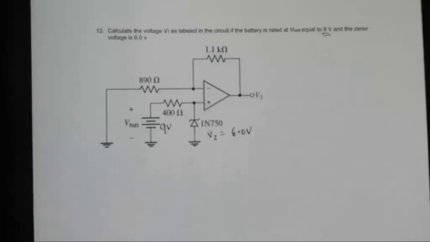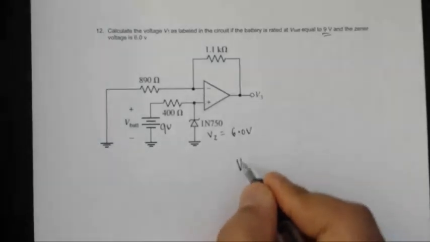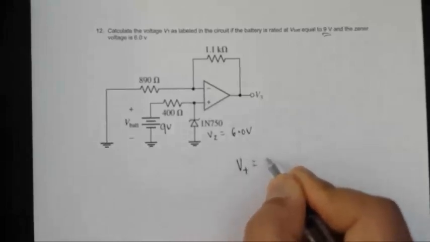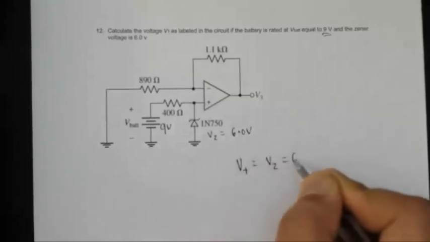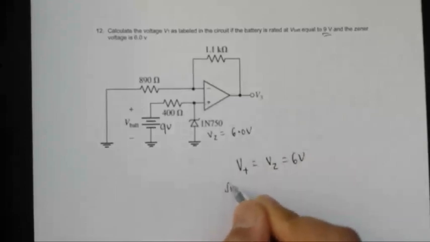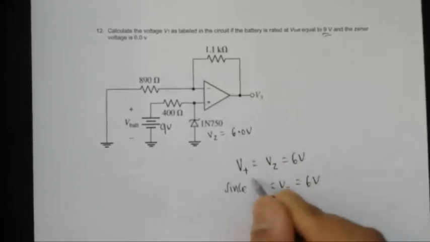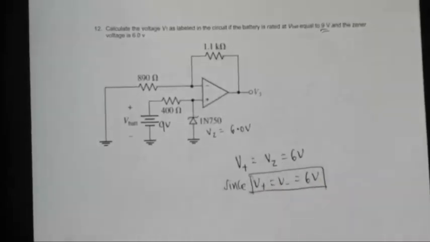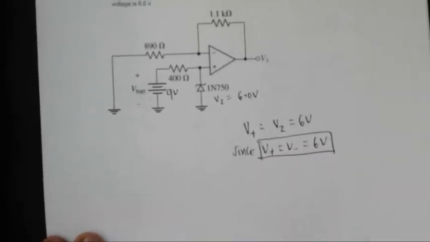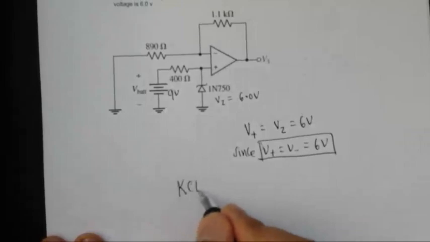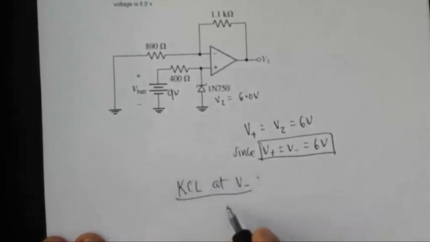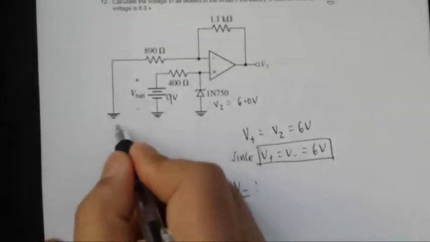So that's the thing we have to get. So V plus, because of the Zener diode, is VZ, which is 6 volts, and since V plus is equal to V minus, 6 volt, which we're going to use, and then after that KCL at V negative, again same thing, now this is at 0 volt.